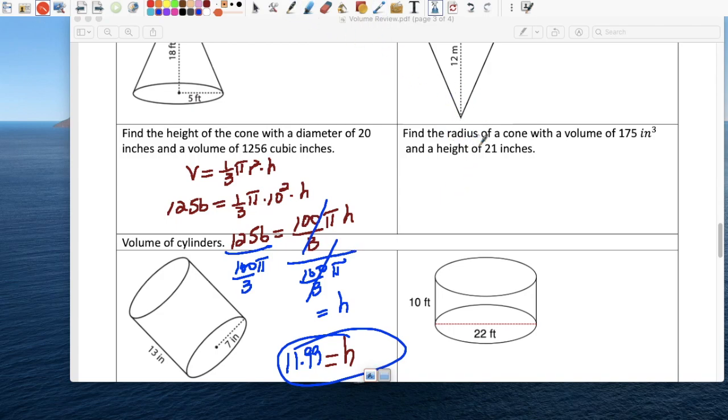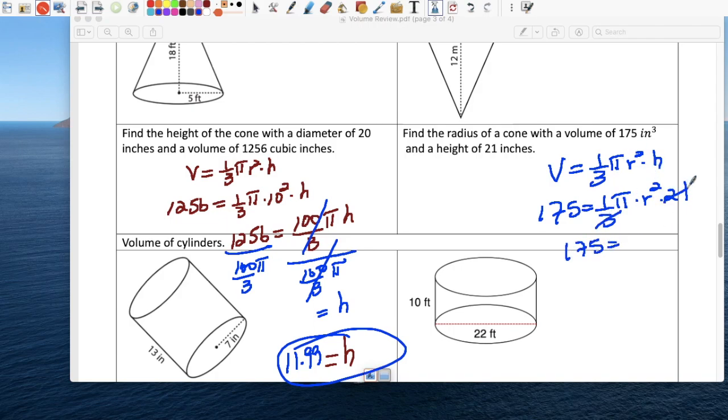Here, find the radius of a cone. Okay, so again, this time we're looking for the radius. So volume is 175. 1/3 pi, radius is what I'm looking for, so I'm leaving that alone, and the height is 21. Okay. So you're going to put that in your calculator, of course, but I'm going to simplify the 3 and 21, which gives me 7.